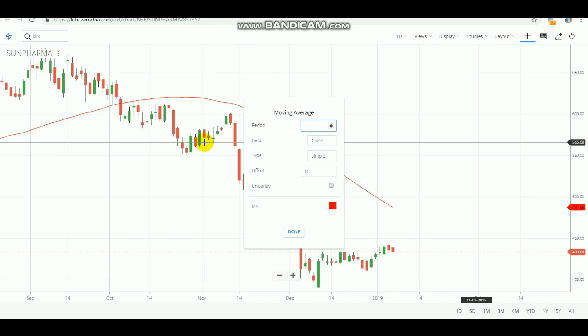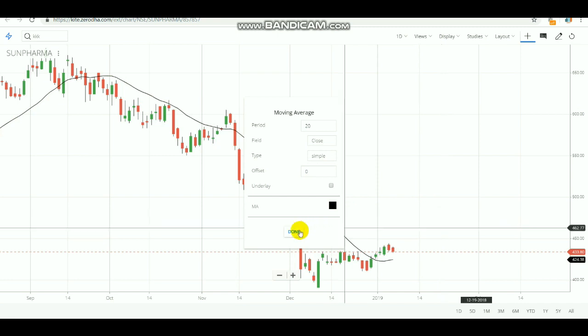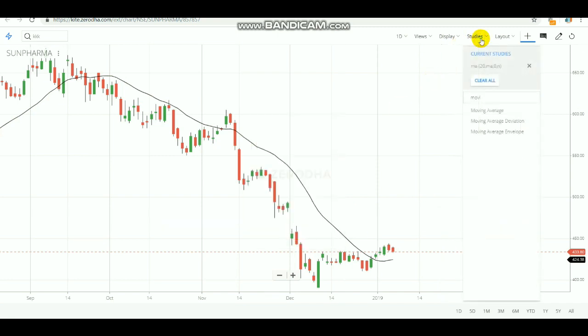We are going to change the period to 20, and everything else is default only: close, simple, 0. Change the color to black. Select done. Again we are going to use the moving average.